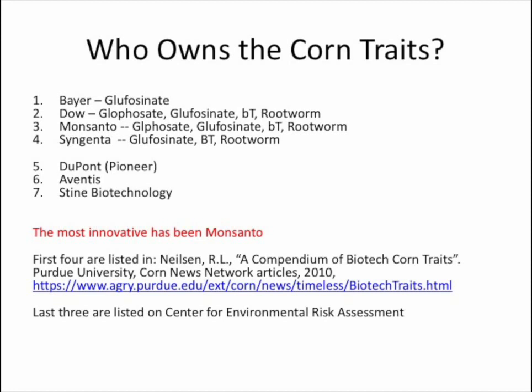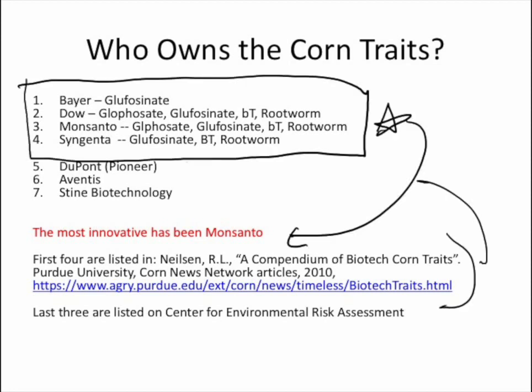The first 4 of these are listed in an article by Nielsen, the Compendium of Biotechnology Corn Traits from Purdue University. This was a 2010 publication, and at that point in time, Bayer had glufosinate, or Liberty Link. Dow, Monsanto, and Syngenta had BT, rootworm, and herbicide resistance of both categories.